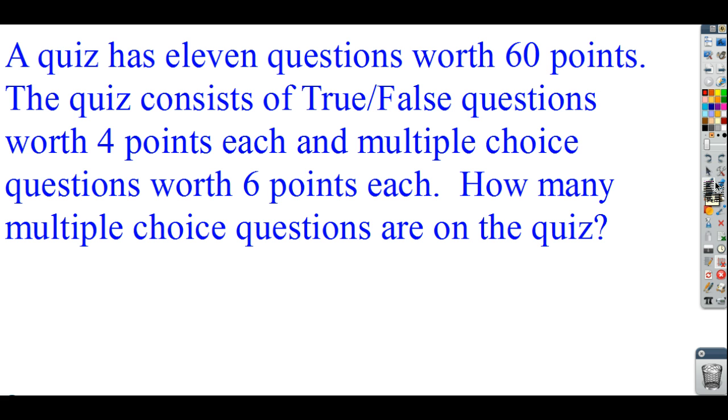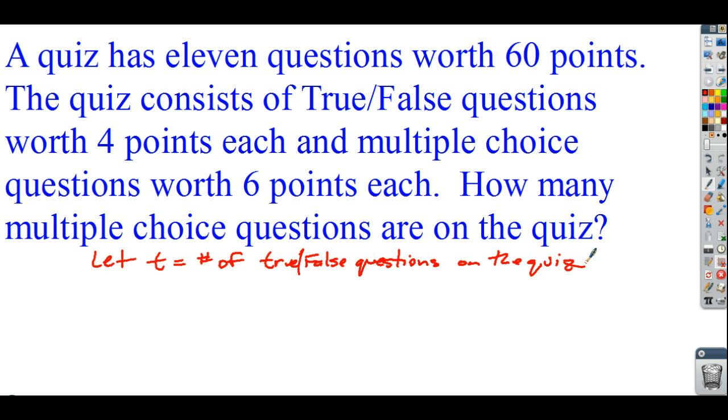And so what I'm going to do is define my variables first. Okay, we know that the quiz has 11 questions worth 60 points. The quiz consists of true and false questions worth 4 points each and multiple choice questions which are worth 6 points each. How many multiple choice questions are on the quiz? So I'm going to say let t equal the number of true false questions on the quiz.